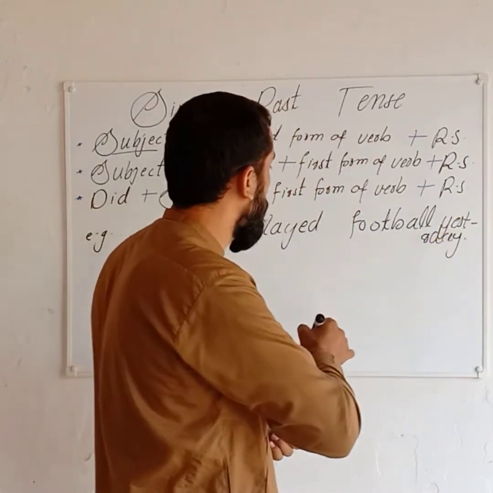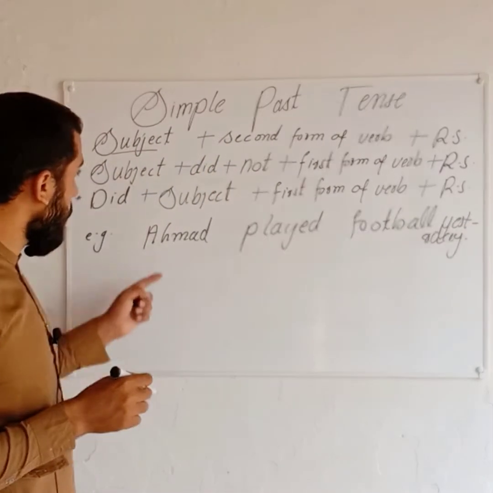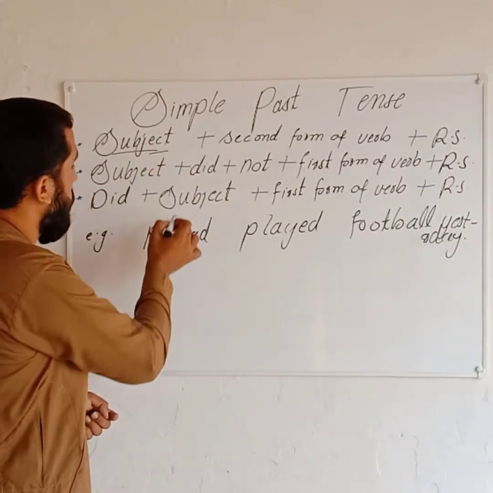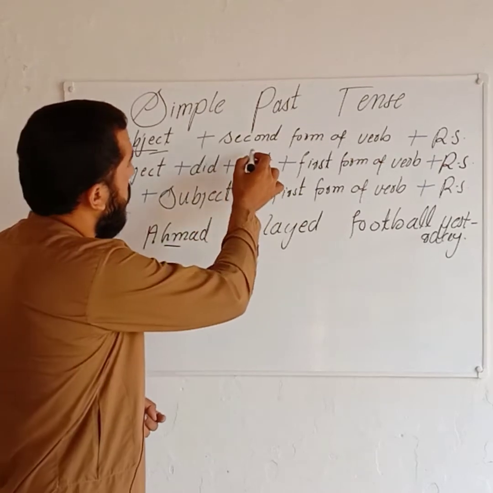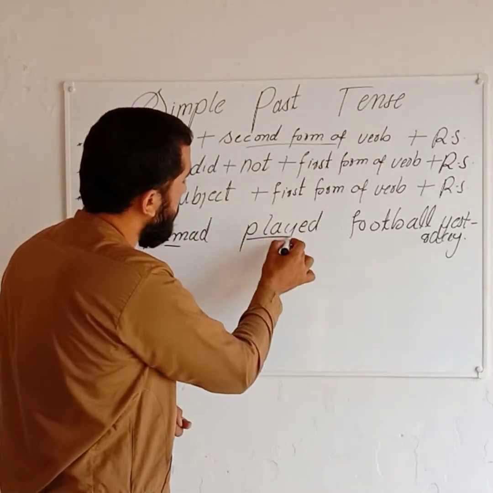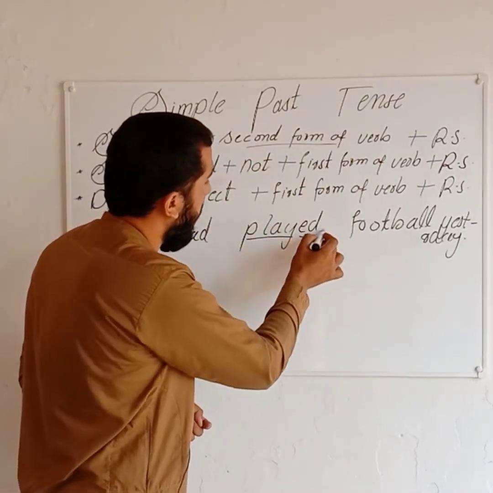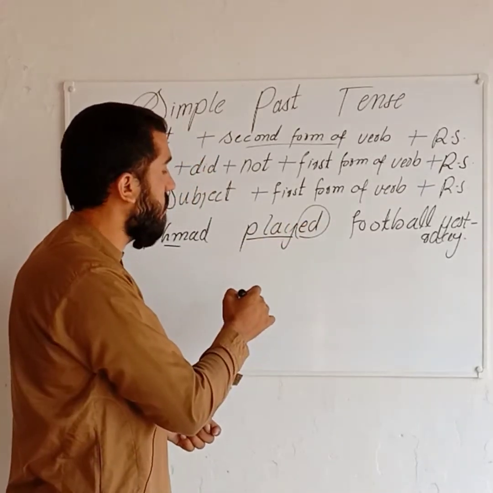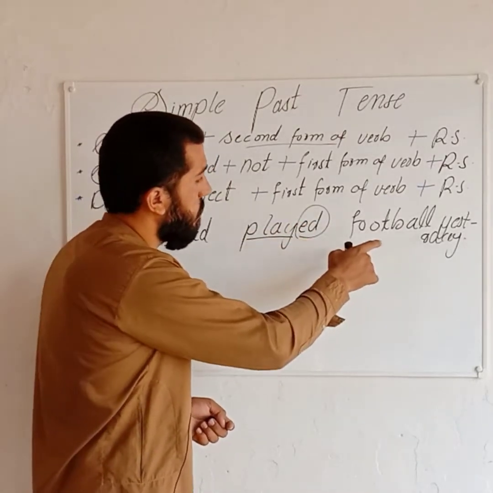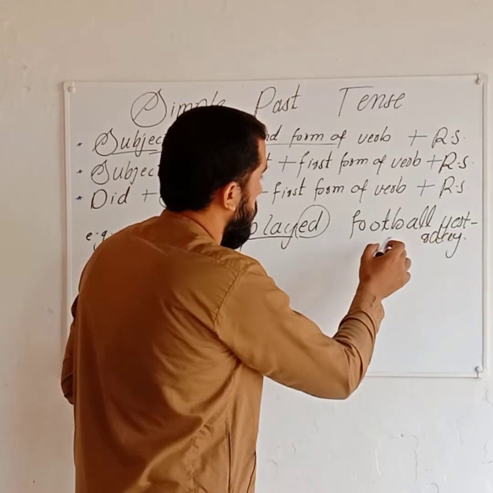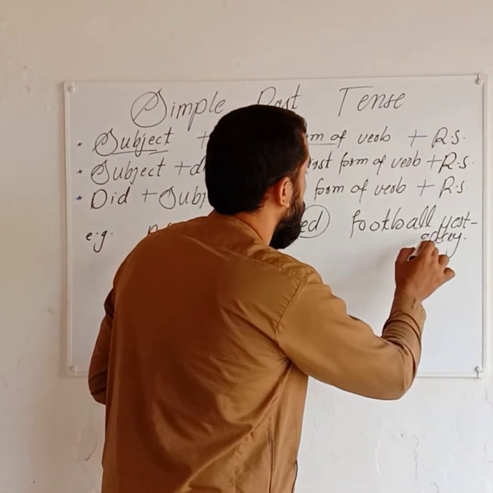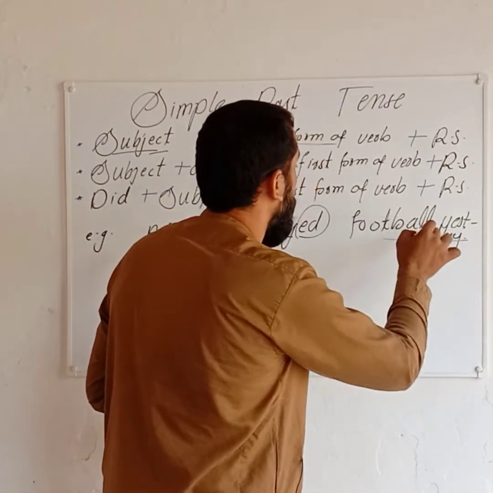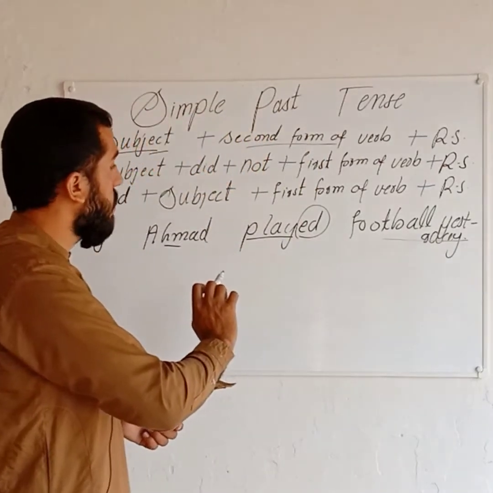Ahmad is the subject, and play is first form of verb, and by adding ed it becomes second form of verb. Ahmad played football yesterday. So football is the rest of the sentence, or an object.